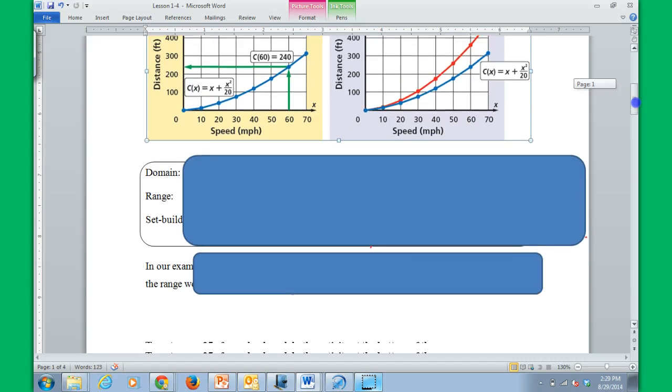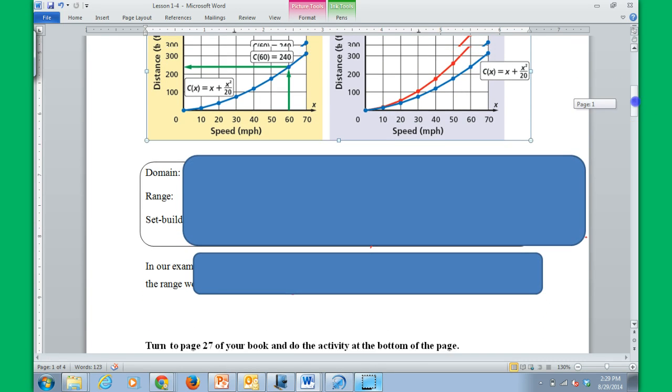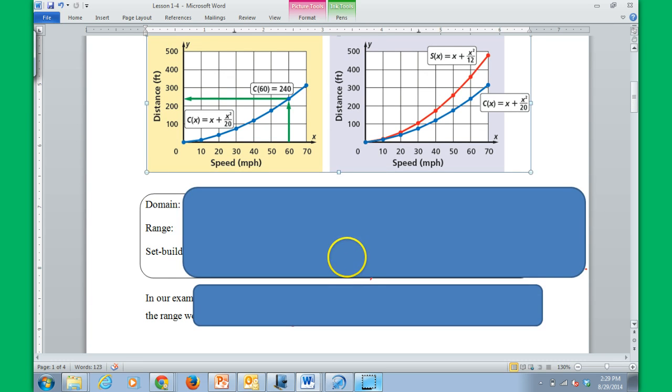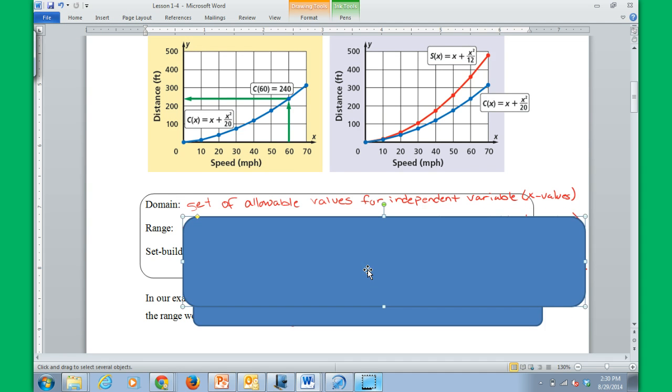Okay. So let's go through some definitions here. If I'm looking at domain, I'm going to move this down. A domain is a set of allowable values for the independent variable.